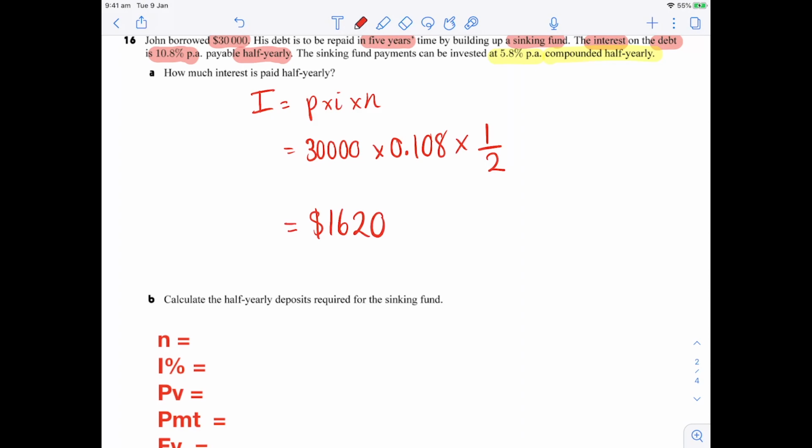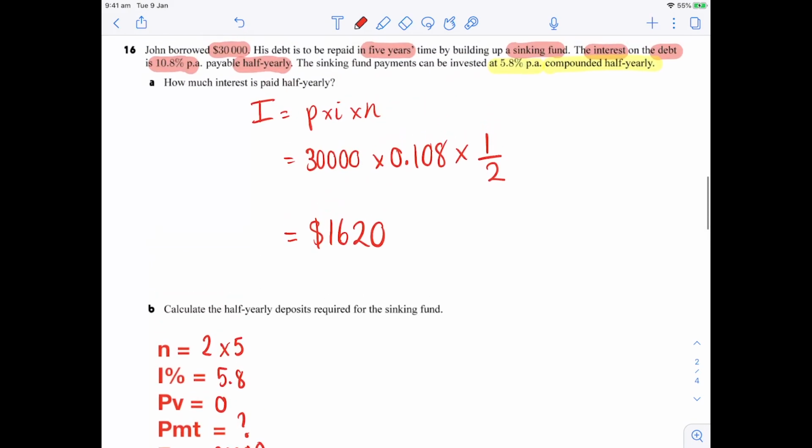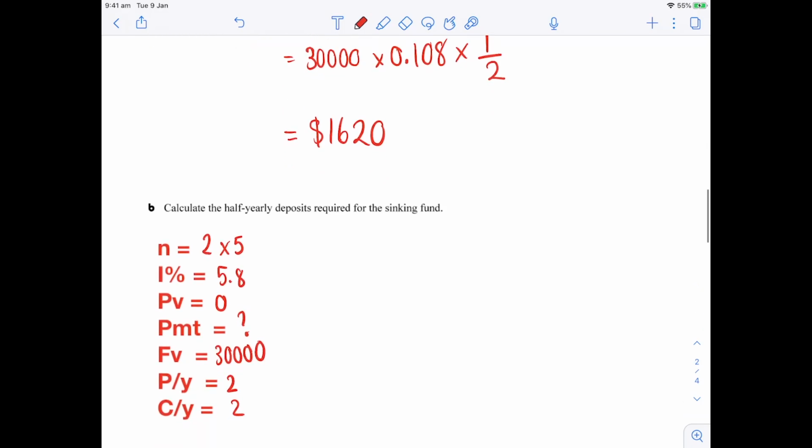Then part B says calculate the half yearly deposits required for the sinking fund. So it's done twice a year for 5 years. The interest is 5.8%. We start with 0. We're looking for the payments. The future value needs to be 30,000, and payments per year and compounds per year are 2 because it's half yearly.